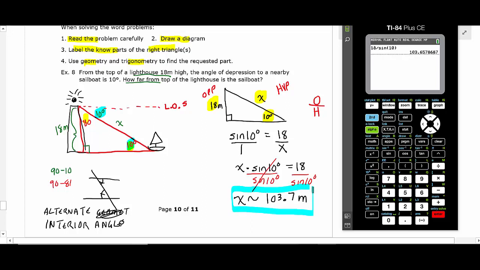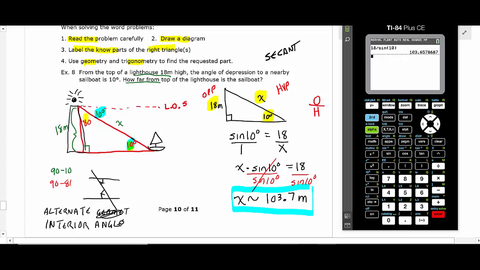Now, to me, this is interesting. This is kind of what you get into. We can use trigonometry to indirectly measure things. There's a device that a person could use, and even some smartphones have apps like this now, so you could actually measure that angle just by pointing. There's kind of an angle measuring device. So if you already knew you were 18 meters high, you could just measure that angle and then figure that distance.